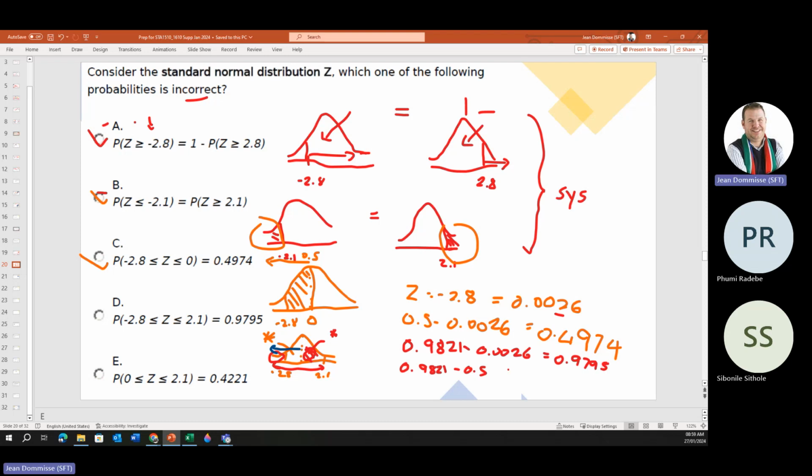If I do 0.9821 minus 0.5, I get 0.4821. But remember, this is now only that red area, so I need to still add the orange component.